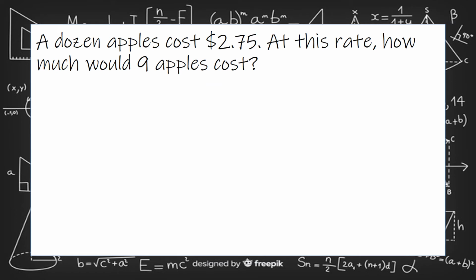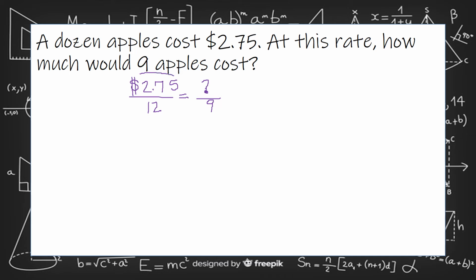A dozen apples cost $2.75. At this rate, how much would 9 apples cost? So the price per apple, that's 12, and we want to know the price for 9 apples. So we're going to cross multiply.